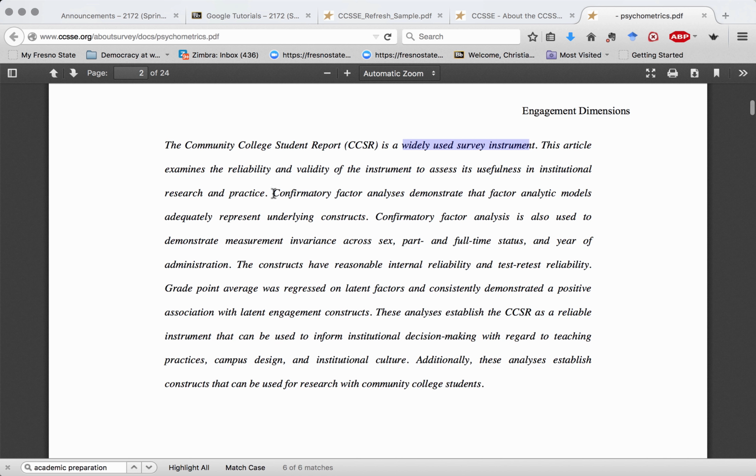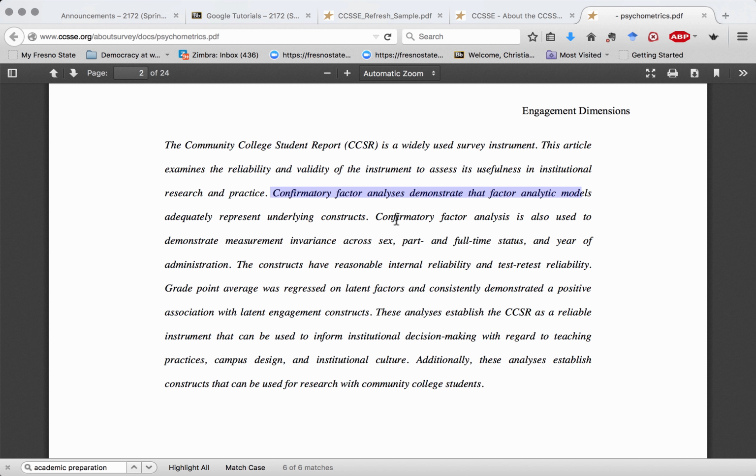And we see here, okay, this examines the reliability and validity of the instrument. Oh, perfect. That's exactly the type of document we're looking for. Confirmatory factor analysis demonstrated factor analytical models, right? So confirmatory factor analysis is when you're trying to confirm a factor structure. You say there's 3 factors, for example, and each of these factors has the following items.